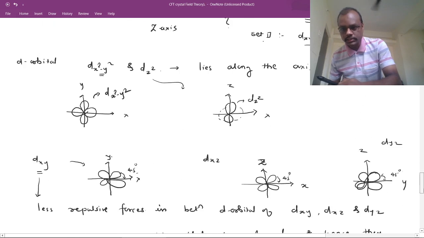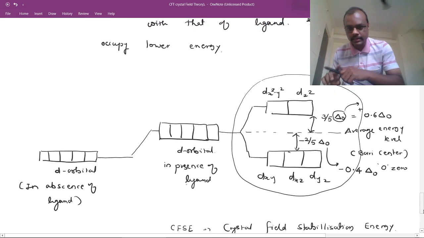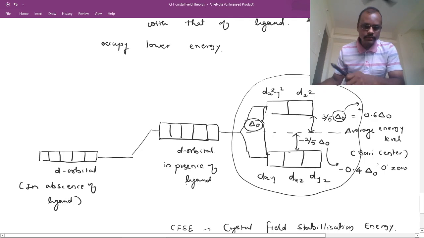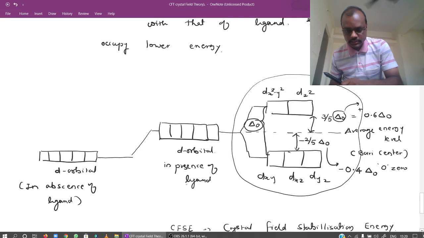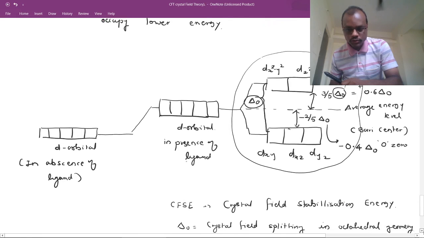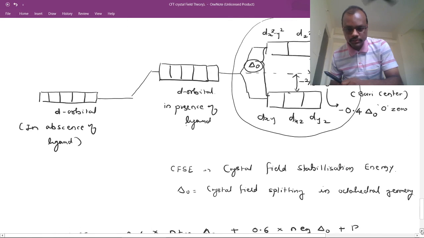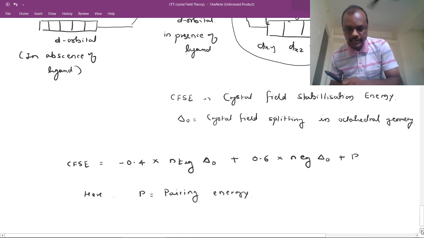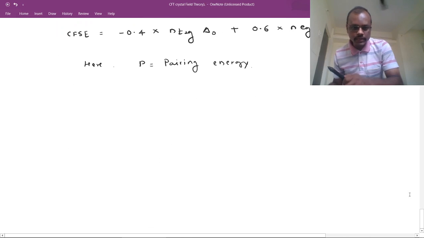Delta 0 is the crystal field splitting in an octahedral complex. This splitting depends totally on the charge on the metal and on the nature of the ligand.